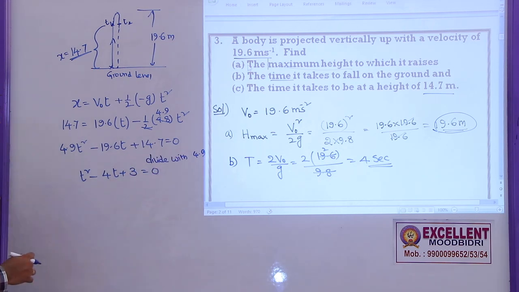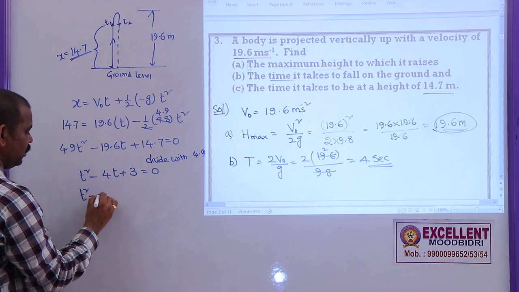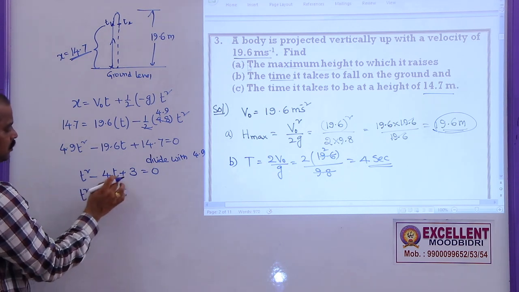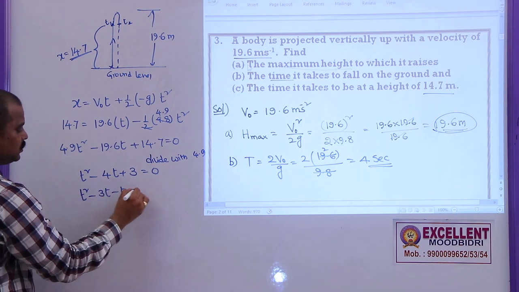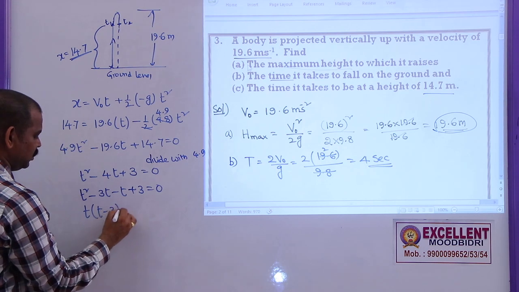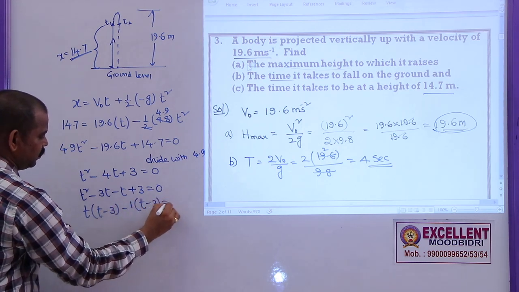So, this is the quadratic equation. You know how to find the roots of this equation: t square minus 4t plus 3 is 0. Split as minus t and minus 3t: if you add these two, you will get minus 4t; if you multiply these two, you will get plus 3. So, this is t of t minus 3 minus 1 of t minus 3 equals 0.